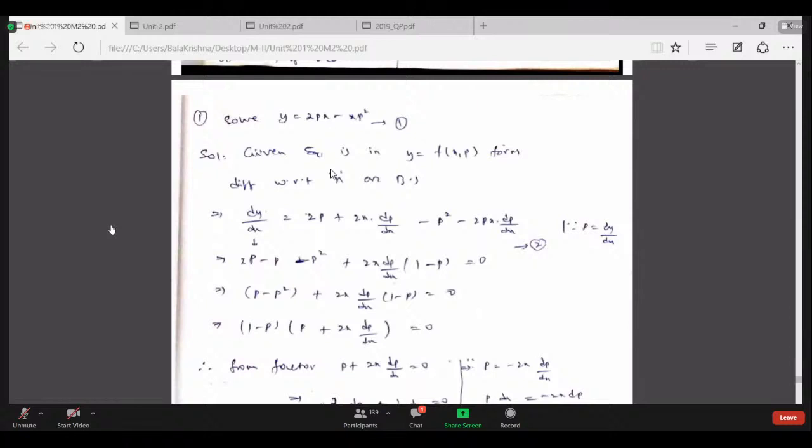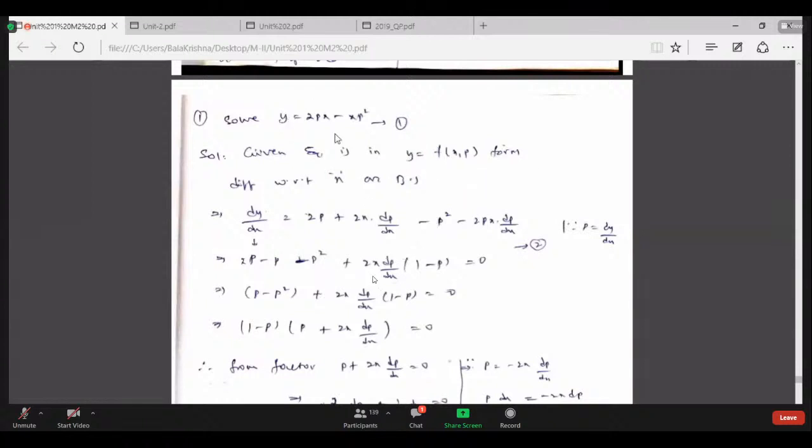You should try, because there is no direct method to identify whether it is in the form of y is equal to f of x comma p or x equal to f of y comma p. Just from the given question, you should try whether you can express y is equal to or x equal to. If you can express, then you can solve like that.